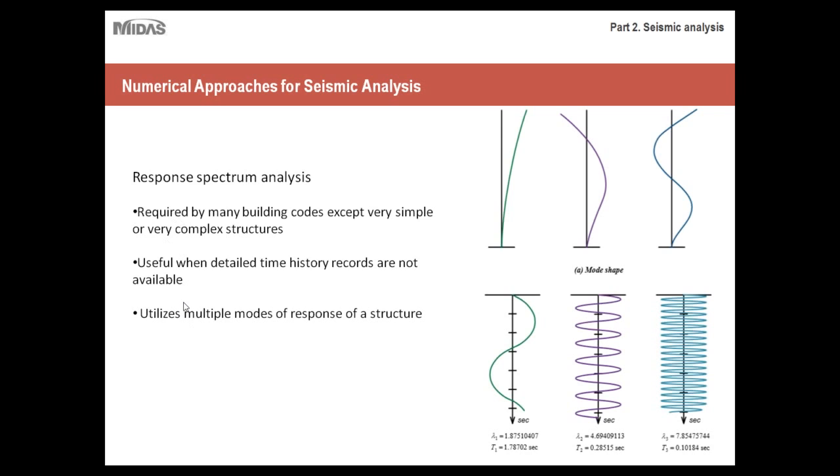Also, keep in mind, response spectrum analysis utilizes multiple modes of response of a structure. For those of you who are new to this concept, you're probably wondering what this picture means. Essentially, with response spectrum analysis, you're saying that the structure will have several different mode shapes depending on the level of the earthquake or seismic loading and the point at which it's at.